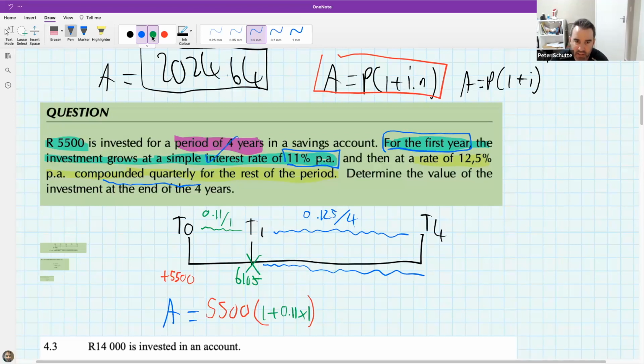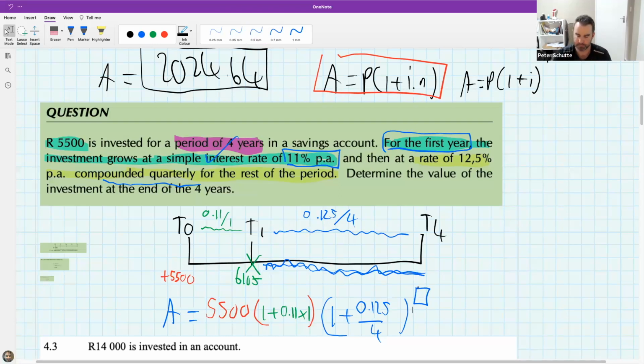But now in the next bit, I have to grow all the way along here. And so this bit is the input. I'm going to have another bracket where I go 1 plus 0.125 over 4, because this is the interest rate per quarter. What is going to be up here as a power, you think? So you're going from the end of year 1 to the end of year 4.